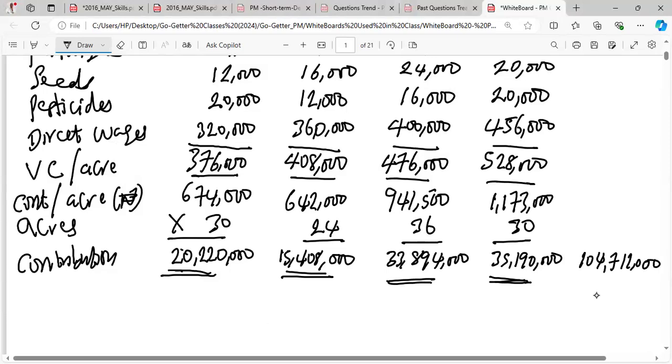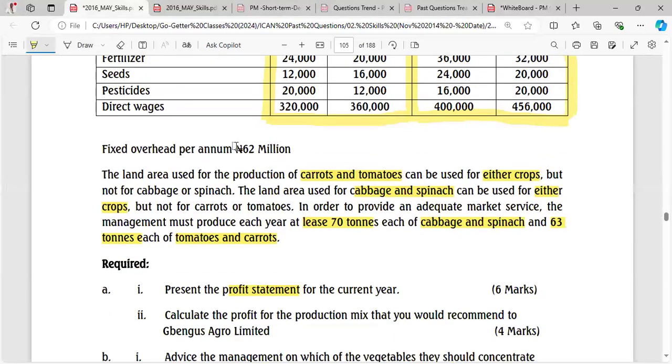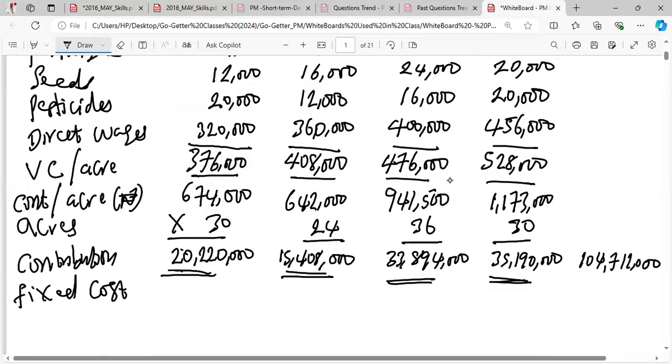And that's my contribution. Then I have my fixed cost here. Now we are told in the question that the fixed cost is 62 million per annum. So I'll just take it down straight here, and I have my 62 million here.